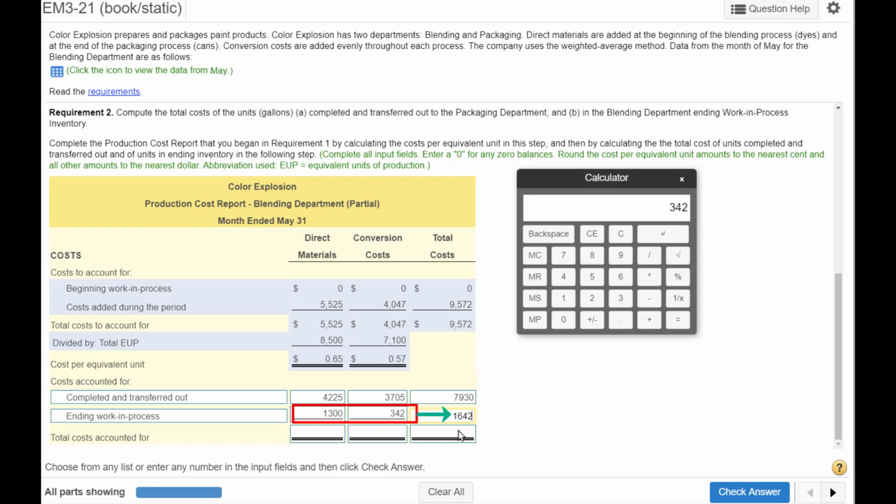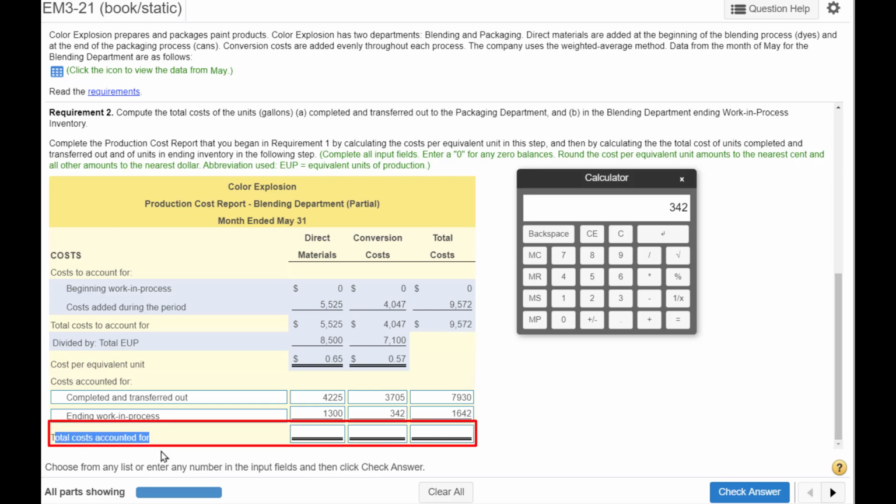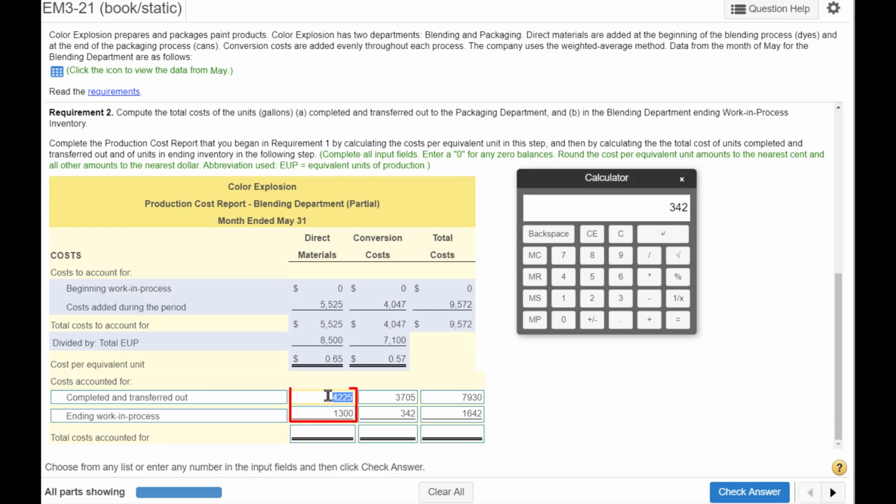Okay. Now, the last thing we need to do is to calculate the total costs accounted for. For direct materials, we're going to take 4,225 plus 1,300, and that gives us 5,525. For the conversion costs, we're going to take 3,705 plus 342, and that gives us 4,047.